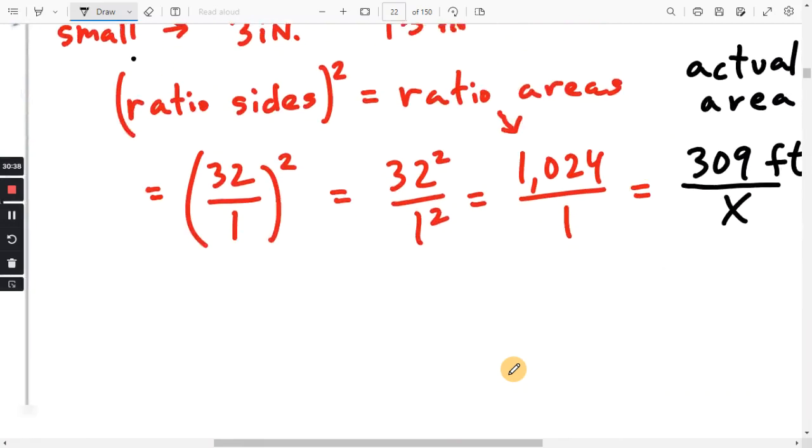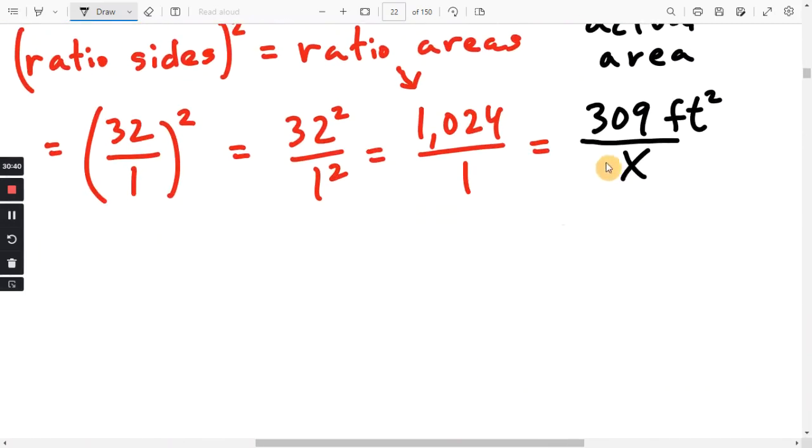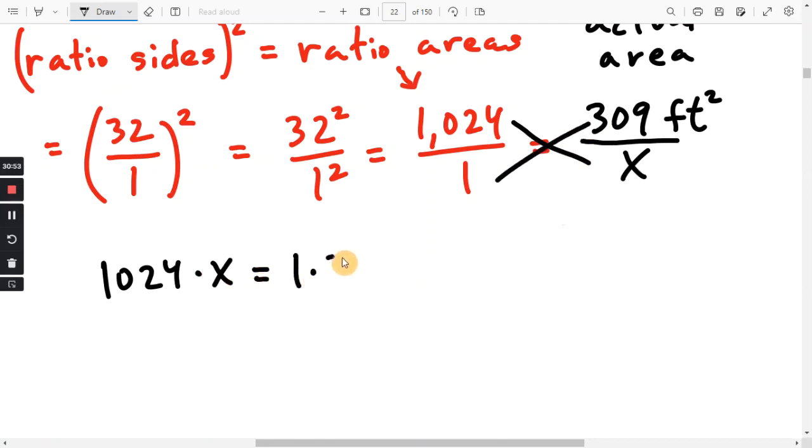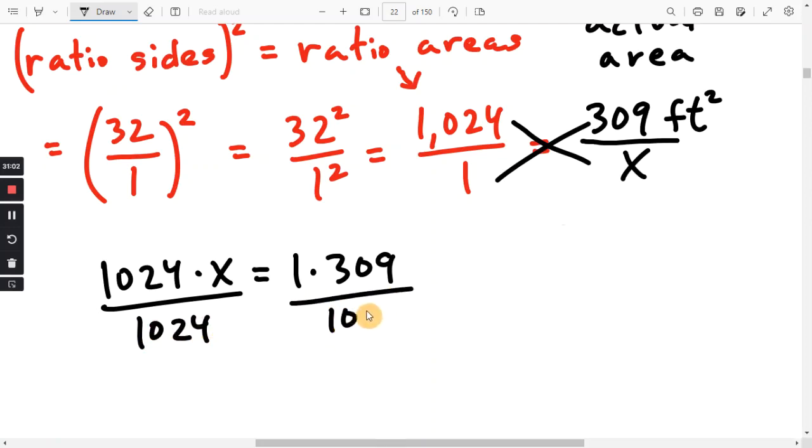All right. So if we cross multiply, top times bottom, that's 1024 times X. And bottom times top is going to be 1 times 309. Okay, divided by 1024 on both sides. It cancels here.